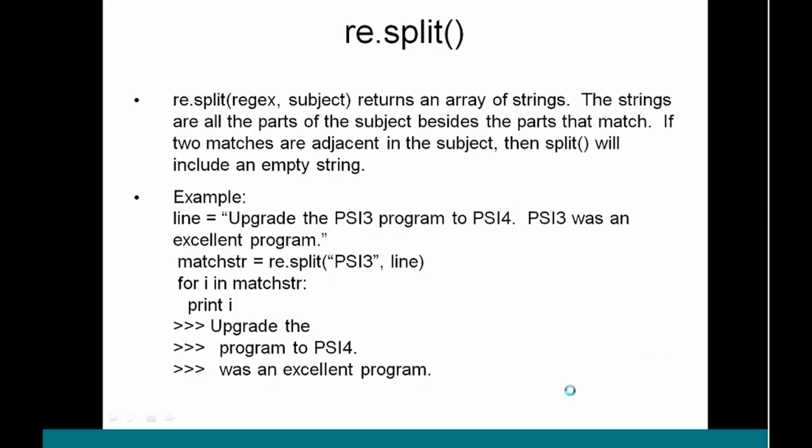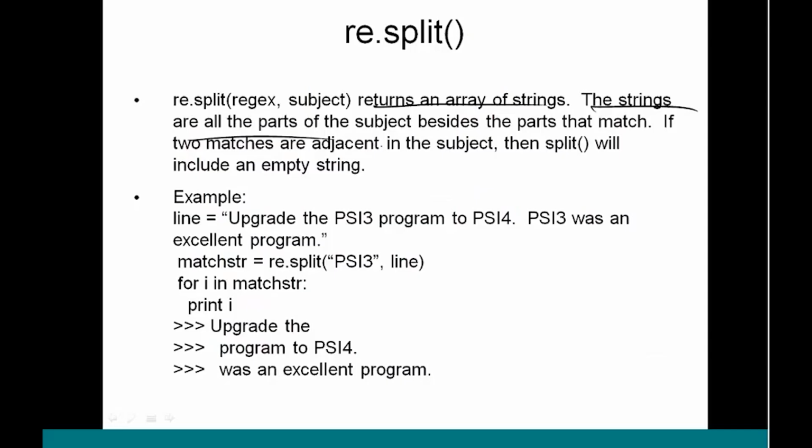So now we come to the split command. The regex split returns an array of strings. We saw how we can split. The strings are all the parts of the subject besides the parts that match.